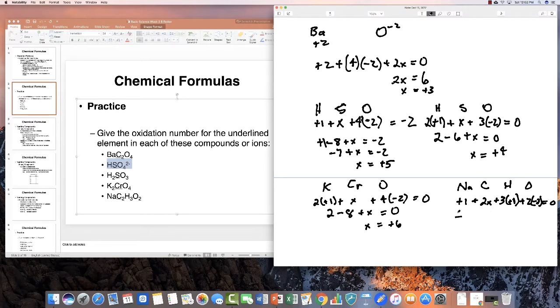So we have plus 1 plus 3 plus a minus 4 plus 2x equals 0. Well, this is 0, so 2x equals 0, and x has to equal 0. So in this case, carbon is 0, and that's perfectly reasonable, and it's allowed.